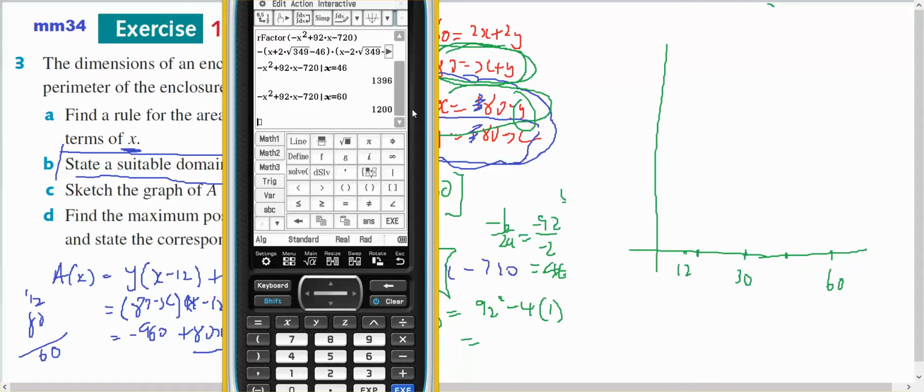So 1200. So my graph needs to go up to 1400.